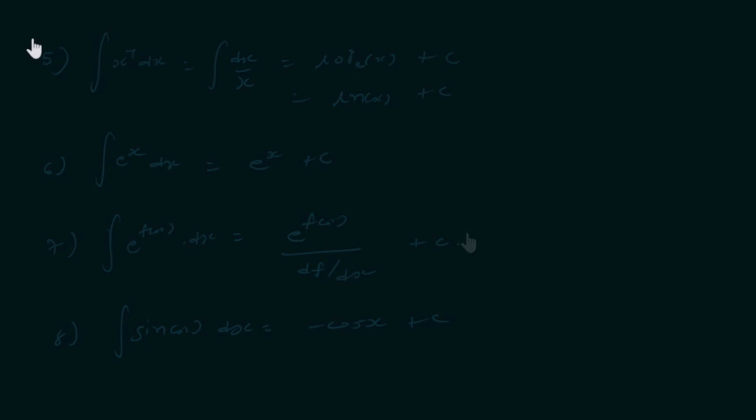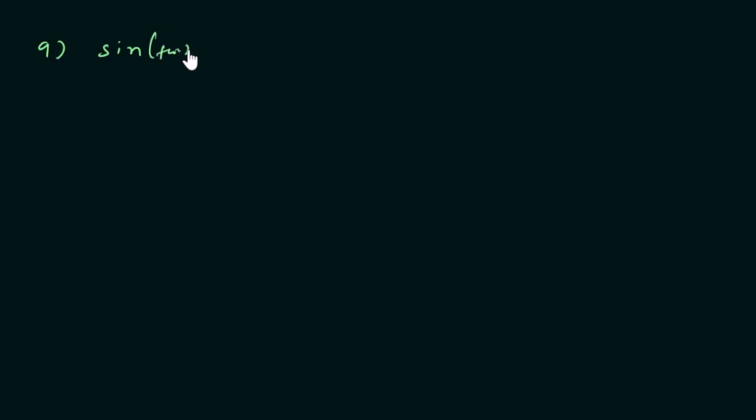Our ninth kind of integration formula is integration of sine of f of x dx will be minus cos of f of x divided by df by dx plus c.